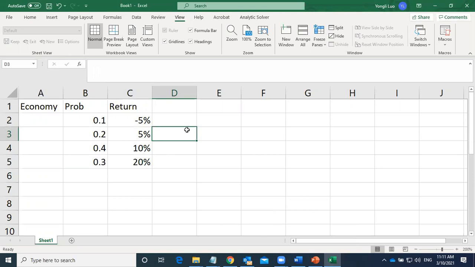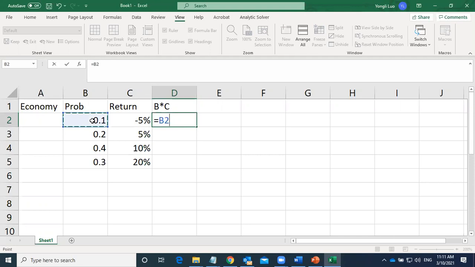So let's do the probability times the return, column B times column C. You just use this one times the return. That is this part. We have the formula, the probability times the value.